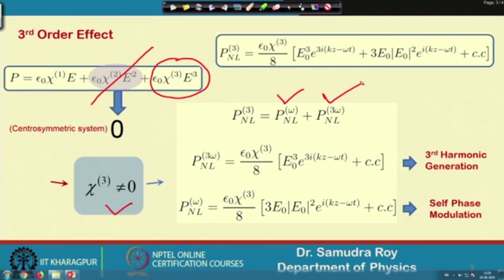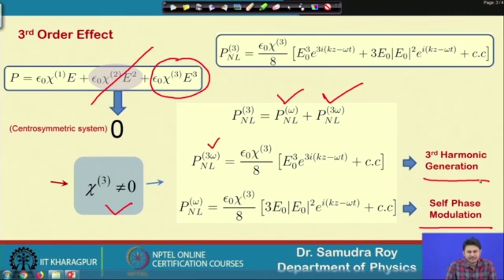The omega component leads to self phase modulation, and the component with 3 omega frequency leads to third harmonic generation. It is quite obvious that when the nonlinear polarization vibrates with a 3 omega frequency, it will generate an electric field with 3 omega frequency. So, if I launch omega frequency here, then at the output we can expect 3 omega frequency.